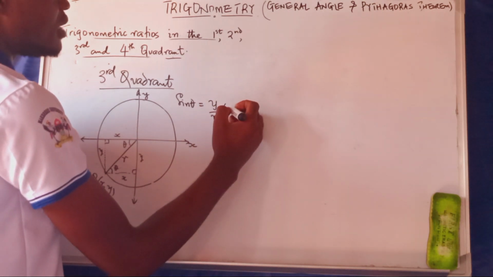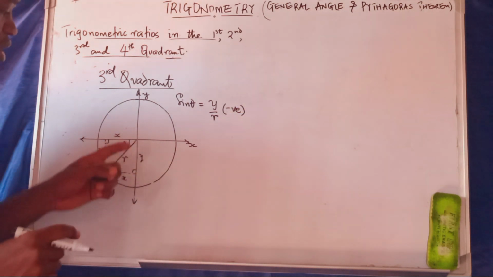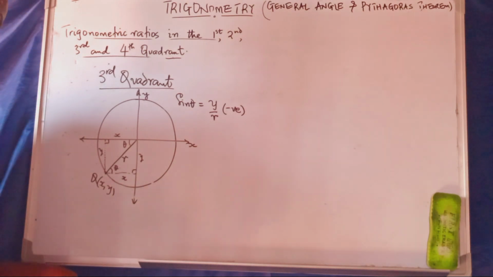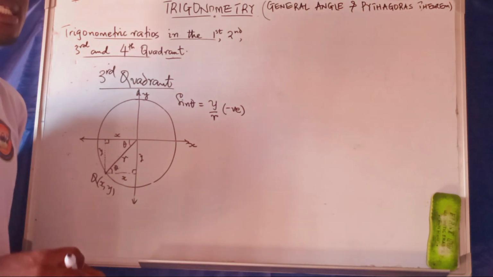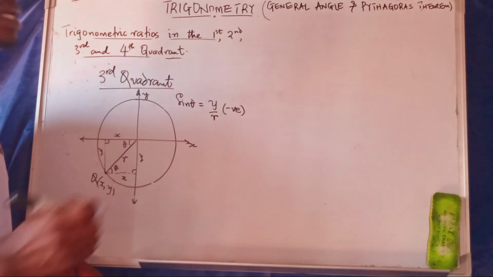But remember, this is negative, because the value of y you are taking is in the negative part of the y-axis. So the sine ratio is going to be negative.